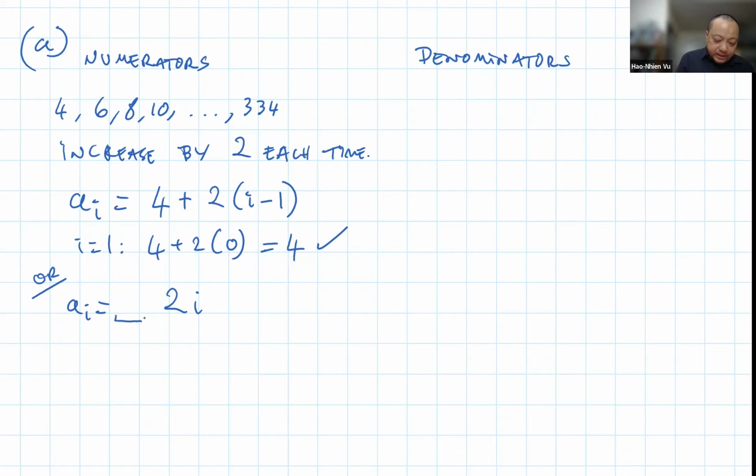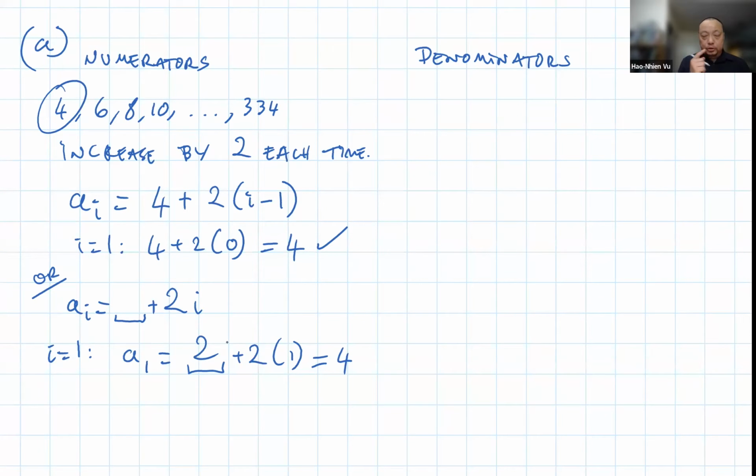So there's a blank here plus 2i. And you want to know what the blank is. Well, to figure out what the blank is, let's plug in I equals 1. Then a sub 1 is equal to the blank plus 2 times 1. And a sub 1 is supposed to be 4. So this is supposed to be equal to 4. That means the blank is a 2. 2 plus 2 equals 4. The blank is 2. I put it in here. So a sub i is equal to 2 plus 2i.